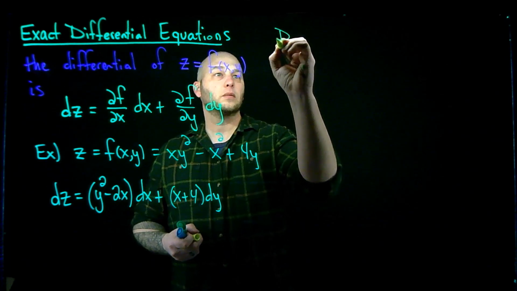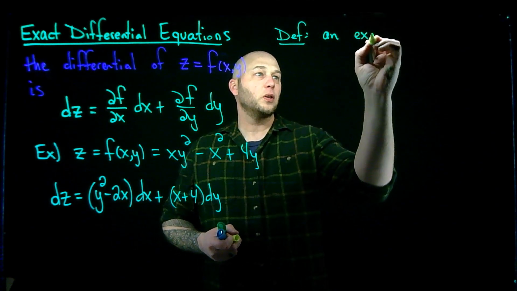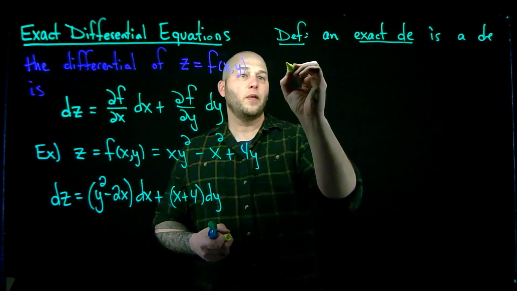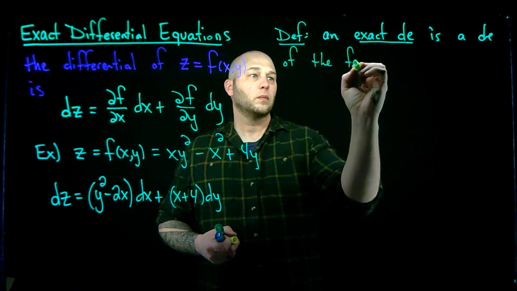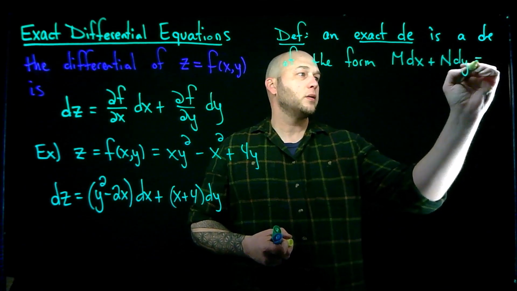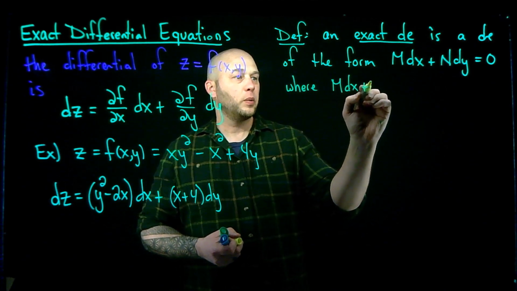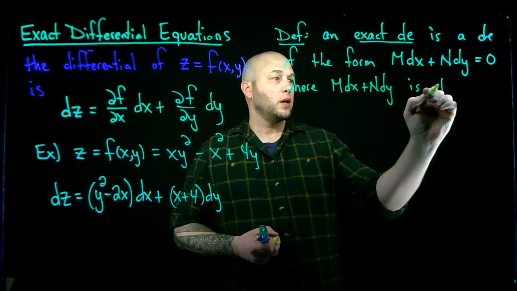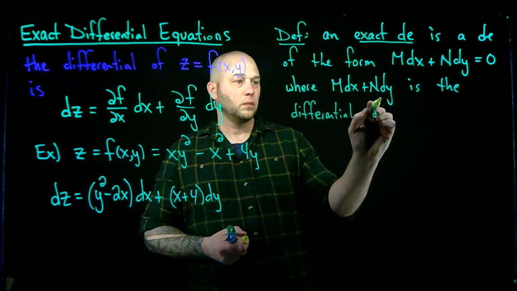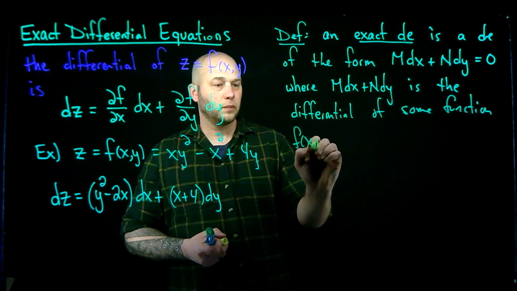So, definition. An exact differential equation is a differential equation of the form M dx plus N dy equals 0, where M dx plus N dy is the differential of some function f of x y.